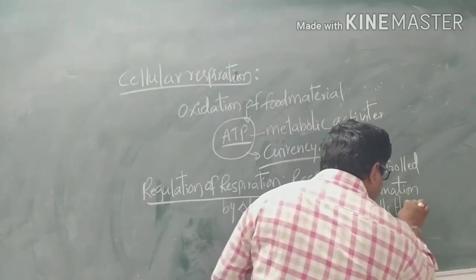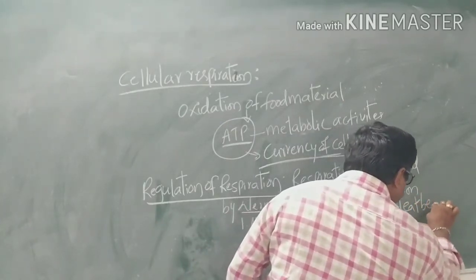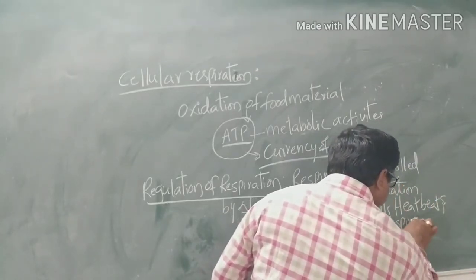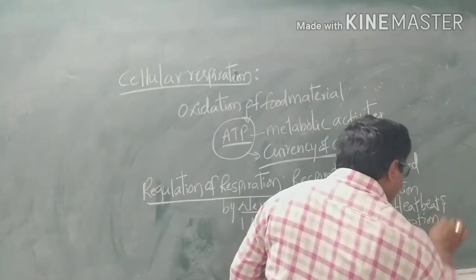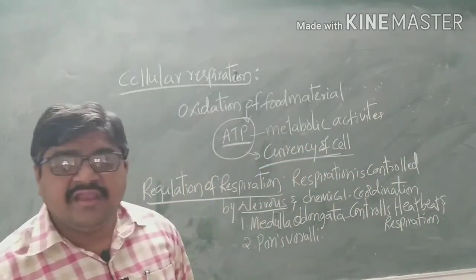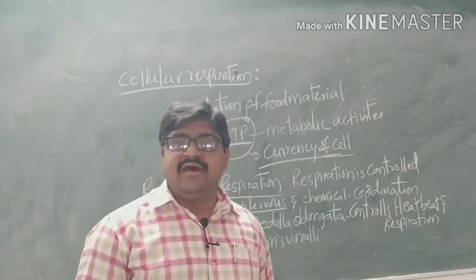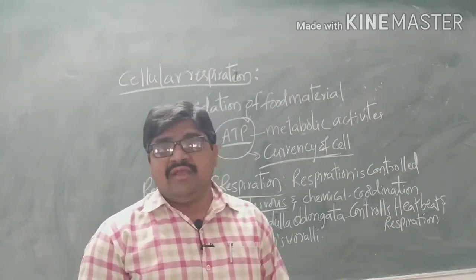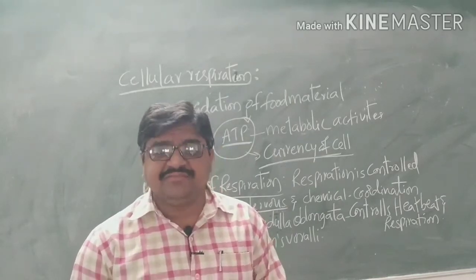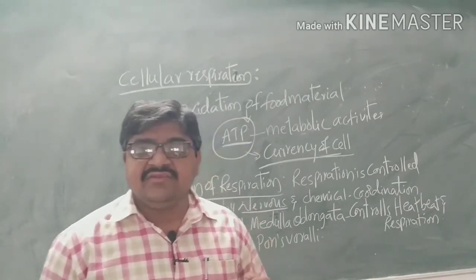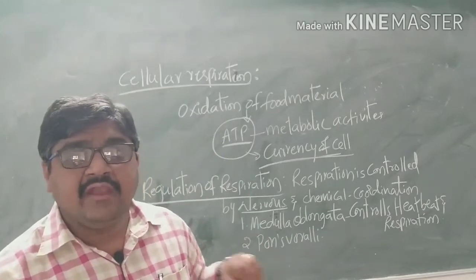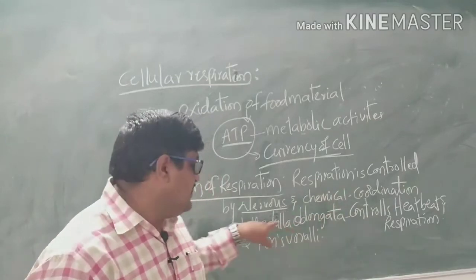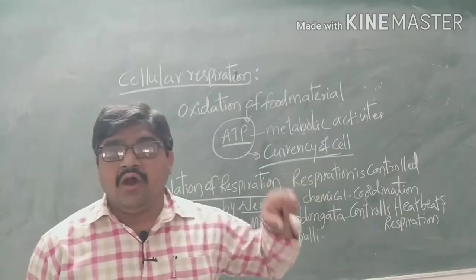These two are very important in an organism. If the heartbeat takes place but respiration is stopped, it leads to the death of the organism. So these two main functions are carried out under the medulla oblongata.